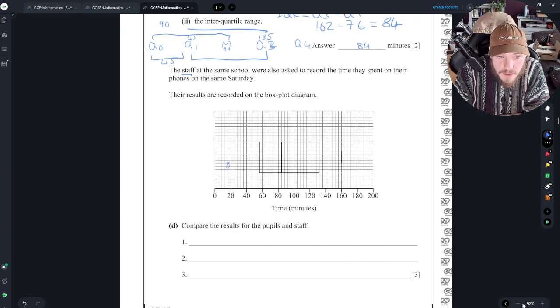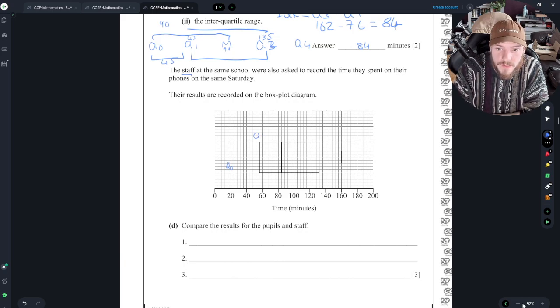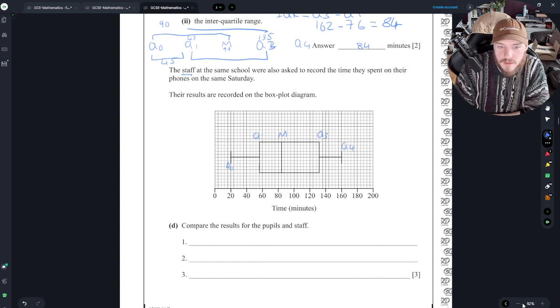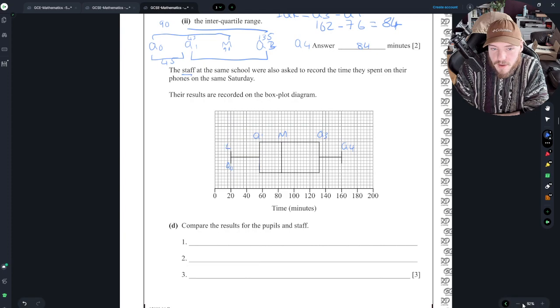This will be our Q0 value, this is our Q1. This line in the middle represents our median. This line here represents our Q3 value, and this line here represents our Q4. So this would also be our lowest value and our highest value.